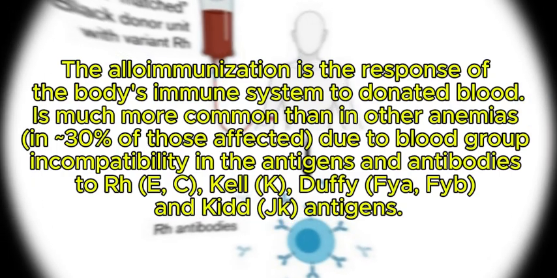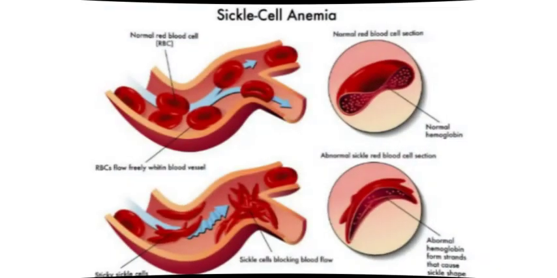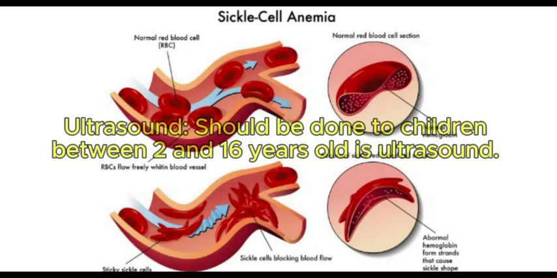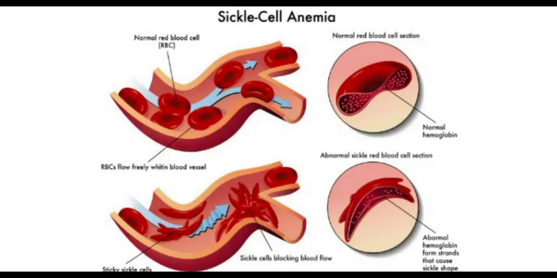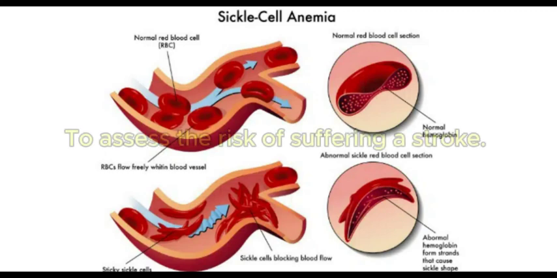Ultrasound is a very important study that should be done in those who already have this diagnosis and are children between 2 and 16 years old. They must periodically undergo ultrasound examination of the main vessels of the brain, the middle cerebral artery and internal carotid artery, to assess the risk of suffering a stroke.